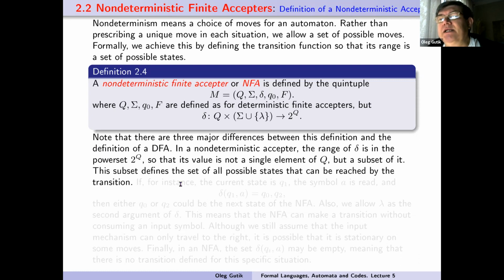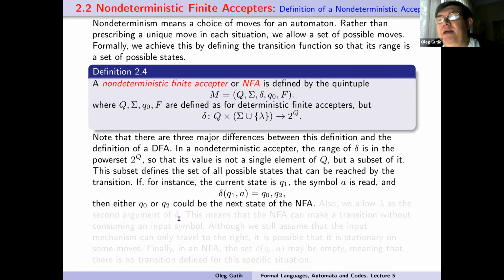This subset defines the set of all possible states that can be reached by the transition. If, for instance, the current state is Q1, the symbol a is read and delta of Q1, a is equal to {Q0, Q2}, then either Q0 or Q2 could be the next state of the non-deterministic finite acceptor.